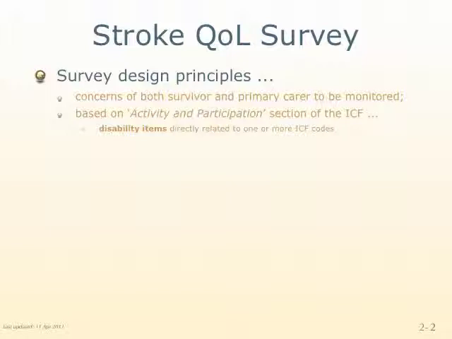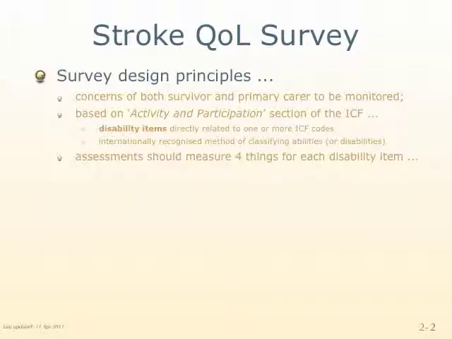And because the ICF is an internationally recognised method of classifying abilities and therefore disabilities. Quality of life survey assessments should measure 4 things for each disability item.